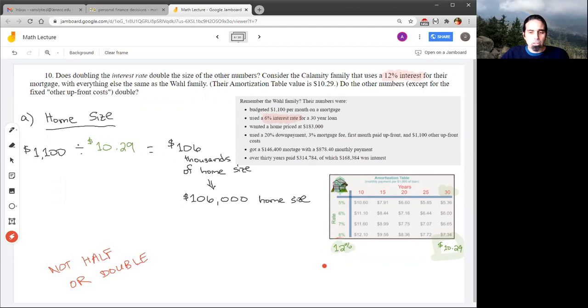Interest rates are really high. The old house was 183,000. Now we're at 106. So it's not as drastic as it could have been. It's not like doubling the interest rates means I have to cram my family into a house that's half the size. But it's a pretty dramatic cut from 183 down to 106.